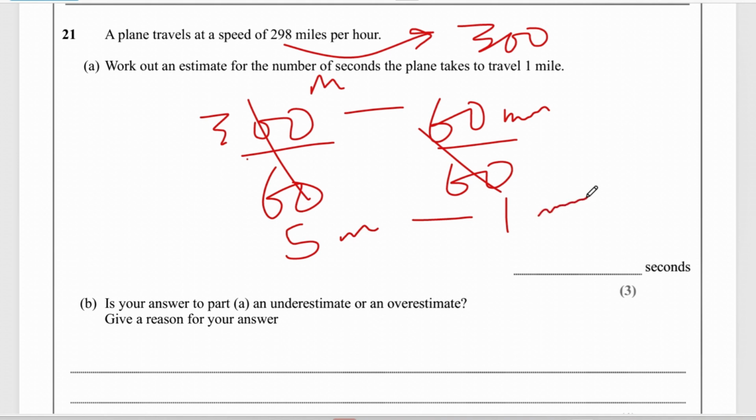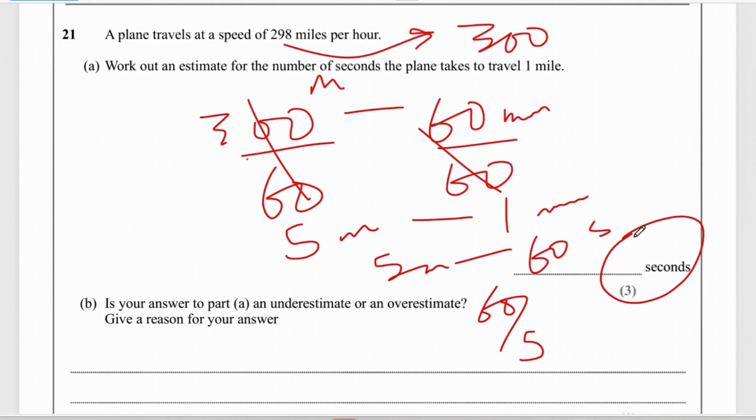Okay, so don't forget 1 minute is 60 seconds. So 5 miles will go in 60 seconds. So you need to get for 1 mile by doing 60 divided by 5, which will give you 12. All right, so 1 mile is simply going to be 12 seconds.